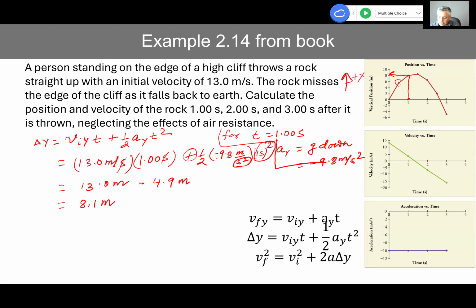So it looks like it's calculated at half second, 1.5 seconds, 2 seconds, and so on, so that you can make a graph out of that. You can repeat this process for other times and then make the graph. It is done in the book, so I'm not doing everything. I'm just showing you one example here.